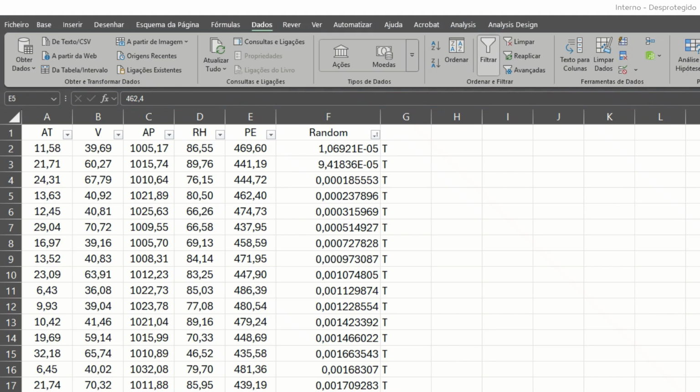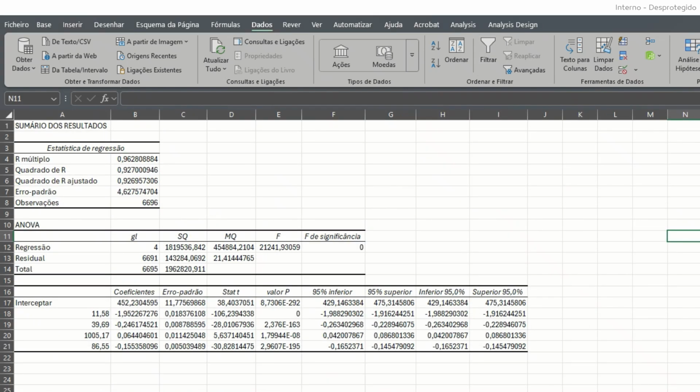On the modeling approach, I trained two different linear regression models. The first model used all four input features: temperature, vacuum, pressure, and humidity.